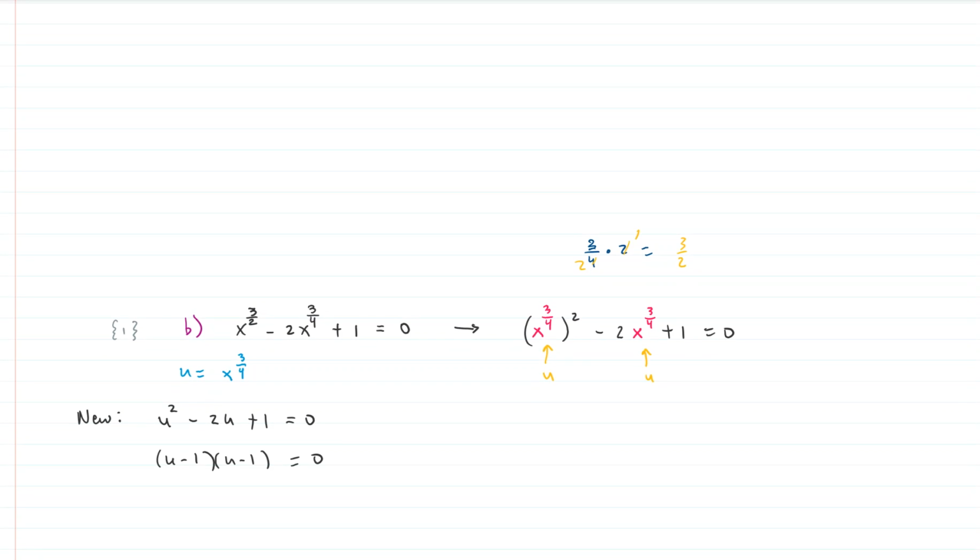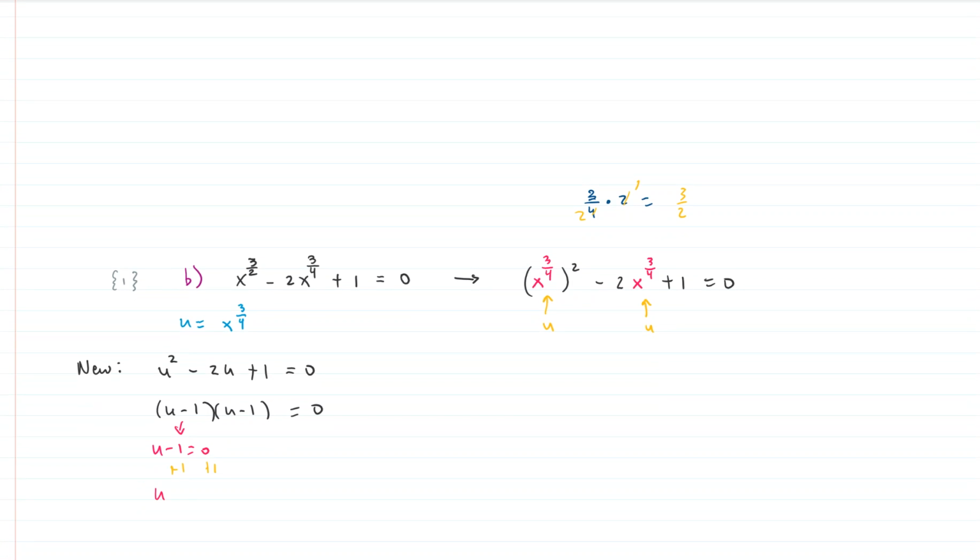We set both of those equal to 0 and solve for the same thing. So by the way, we'll get the same answer for both. That helps us. u minus 1 equals 0. We can add 1 to both sides, and we get u equals 1. And by the way, we get the same thing over here on the right side. u minus 1 equals 0. u equals 1.